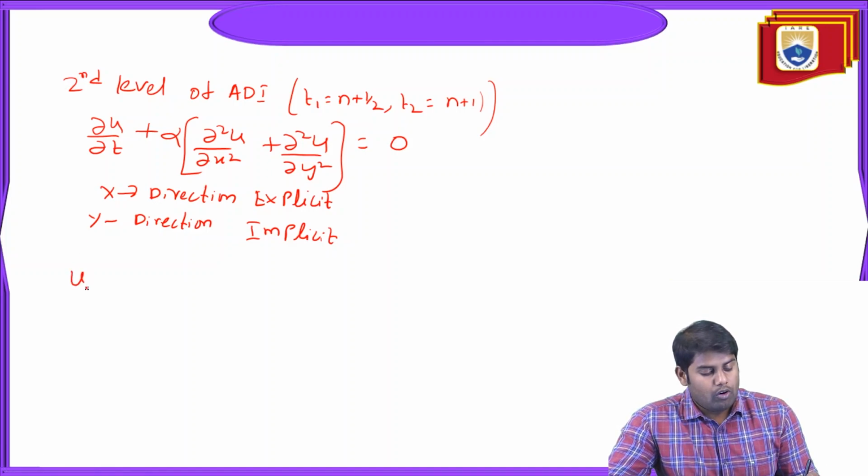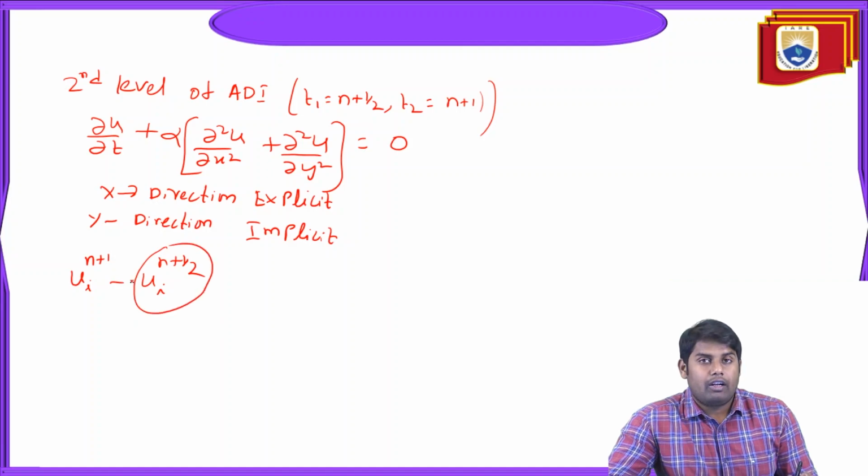So u of i to the power of n plus 1 minus u of i to the power of n plus half. In the second level, this term will be the input from the first level.